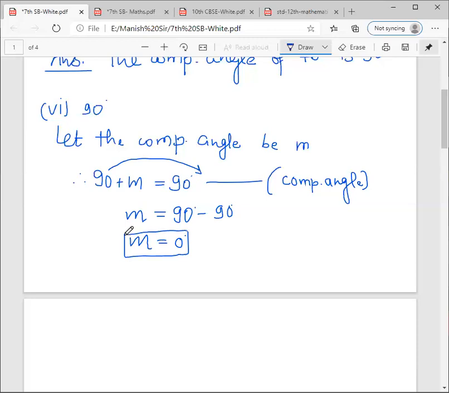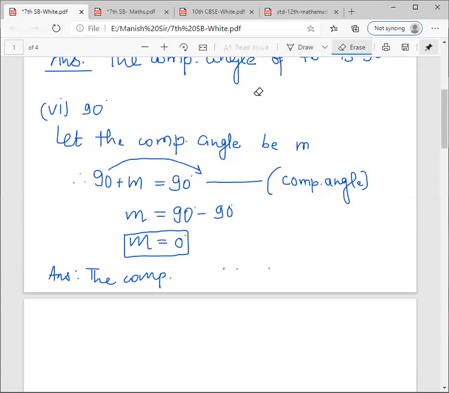So this is our angle value, 0°. And at the end, in the answer format, you have to write: the complementary of 90° is 0°. One more thing I have missed, that is angle.